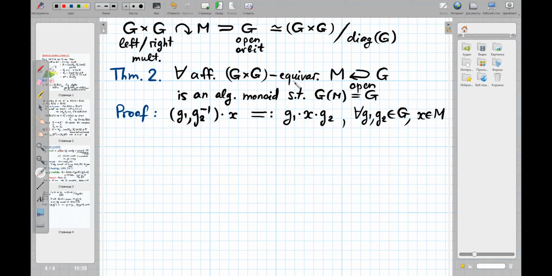But anyway, you may say that M is irreducible. You can keep all the previous assumptions. Of course, we assume that M is irreducible here.